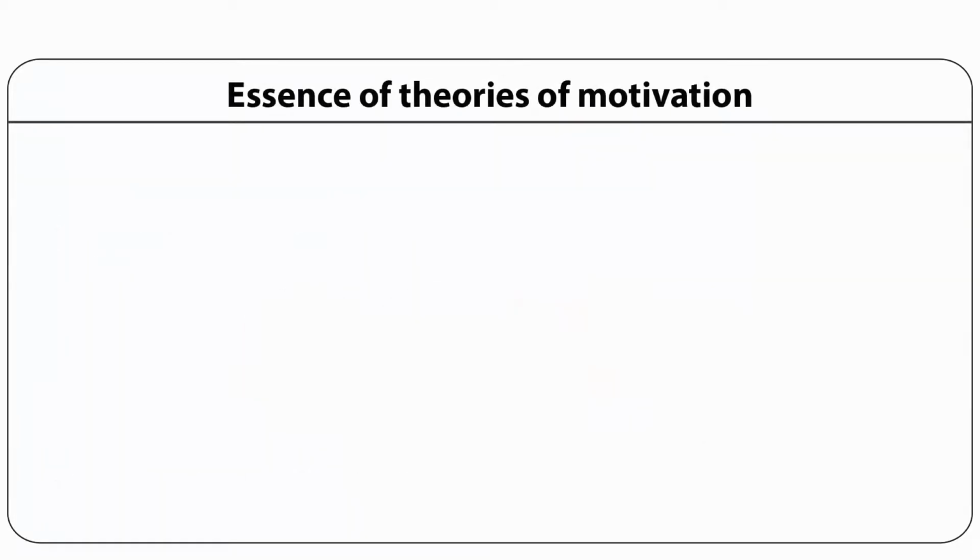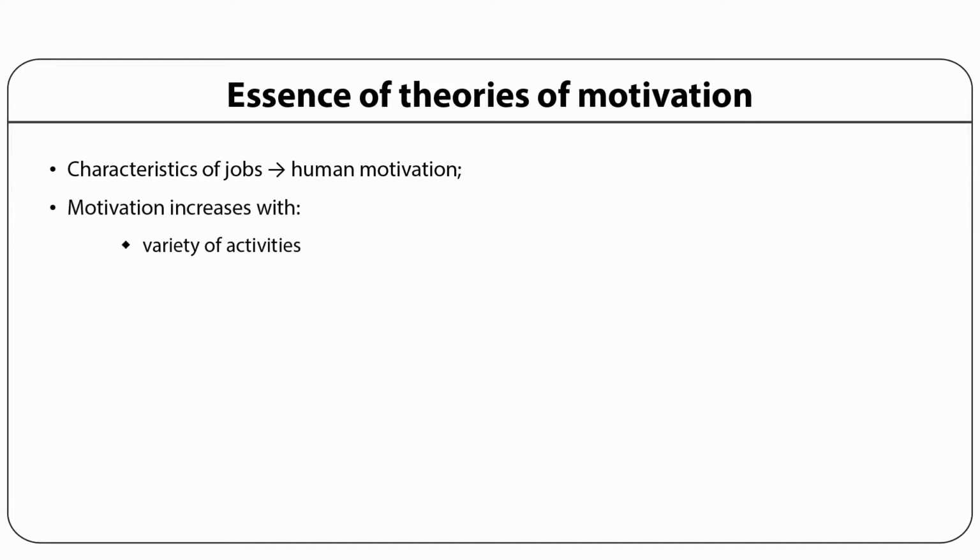We also learned that characteristics of jobs affect human motivation. Jobs with a variety of activities, task identity, task significance, autonomy, and feedback mechanisms tend to increase motivation. Autonomy does not mean that employees can do whatever they want.